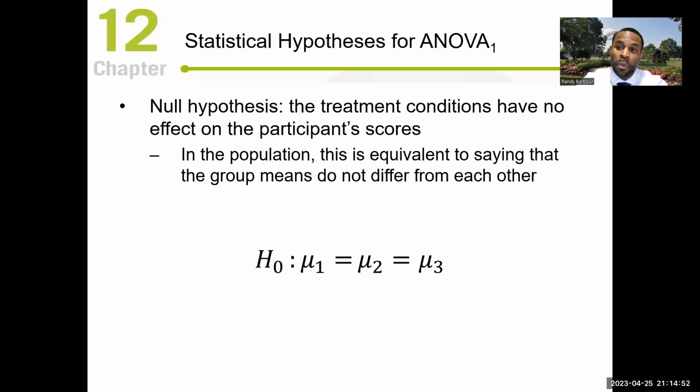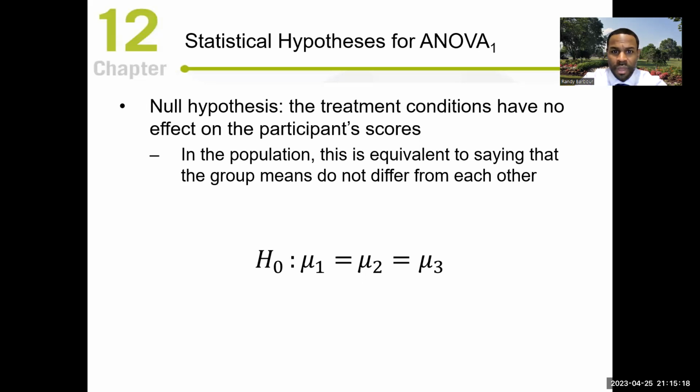All right, so when we talk about the hypothesis test, we're talking about, again, that null hypothesis. When you talk about hypothesis test, you have to state your hypotheses. That's the number one step, right? So when you state your hypotheses, the null hypothesis is just saying that the treatment conditions have no effect on the participant scores. That means on average, there is not much difference at all between the three separate treatment conditions, right?